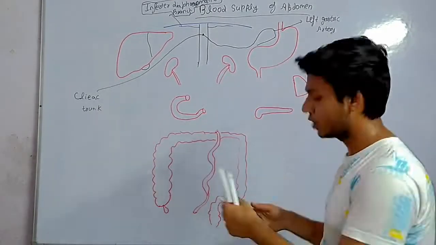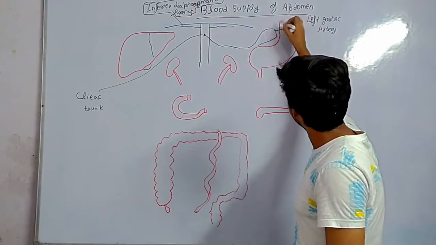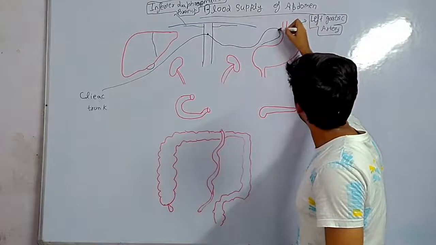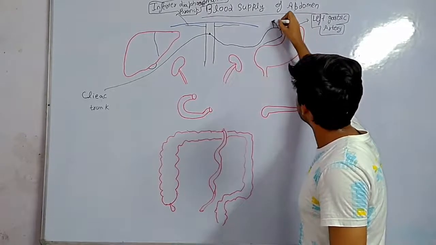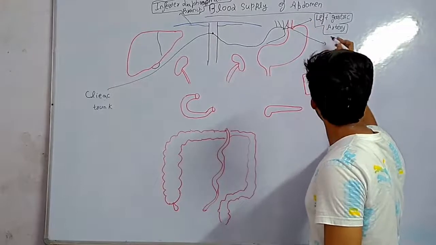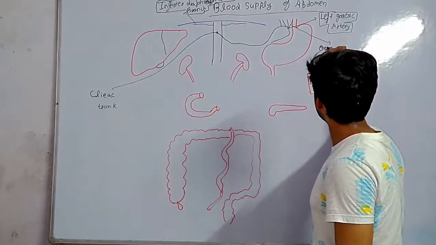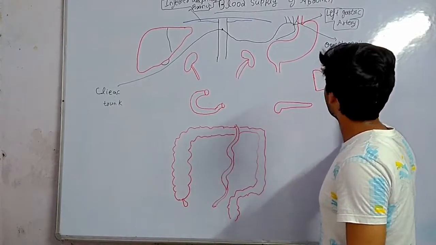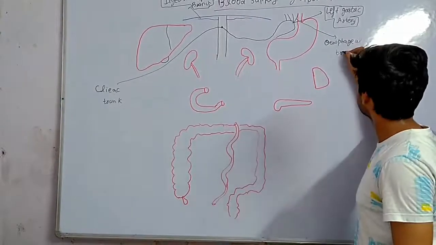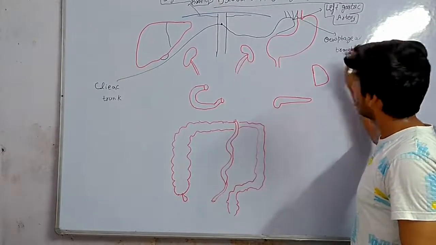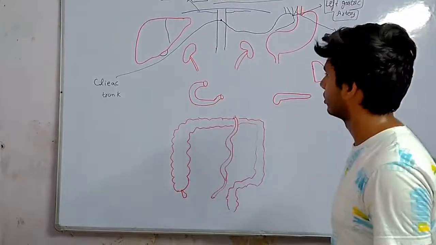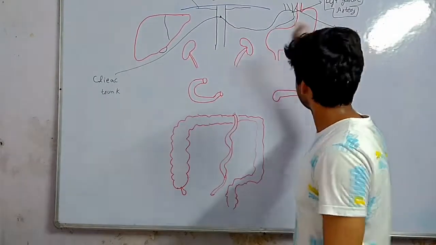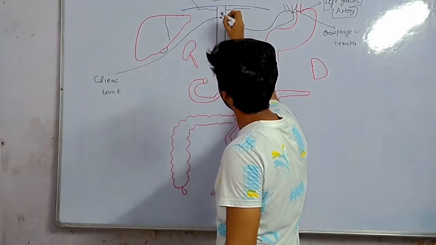These are the esophageal branches, many esophageal branches, which supply the inferior part of the esophagus. This is the celiac trunk. And again, the second branch of this is the common hepatic artery.